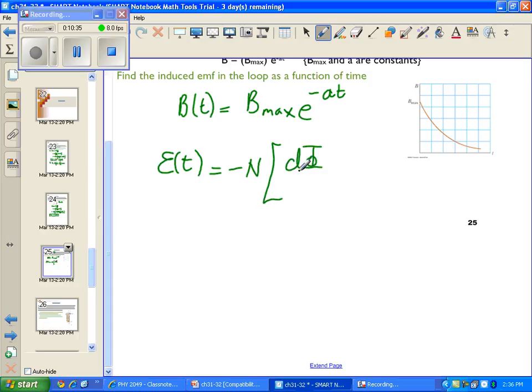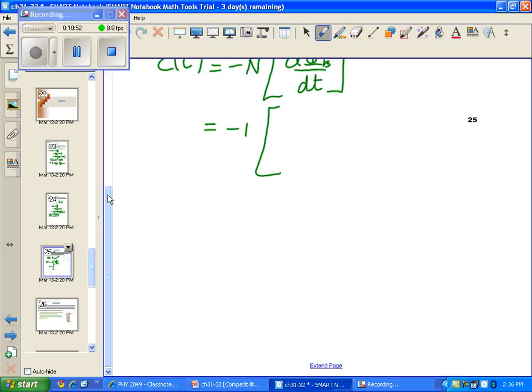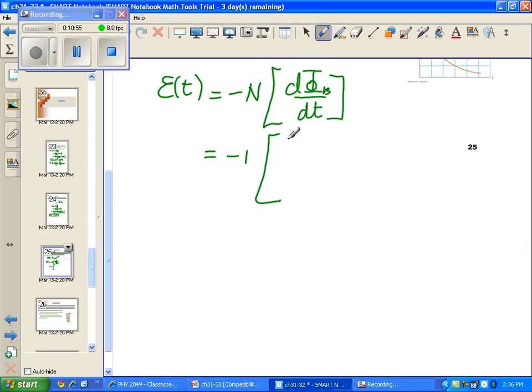So this time we want d phi of B with respect to time. There's only one loop, so our N is just equal to 1, minus 1. And let's write an expression for the change in the magnetic flux with respect to time. Here dB/dt gives us the change in the magnetic field with respect to time, times the area, which doesn't change, times the cosine of the angle between the area normal and the magnetic field, which does not change either.